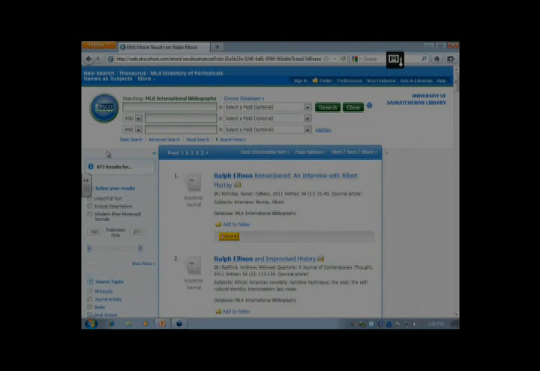I want to point out that when I did this search before Christmas, it was 866 results. It's now 873. Yes, obviously they've added some items in the last month or so. But what it says more than that is that these databases are always evolving. They're always growing.